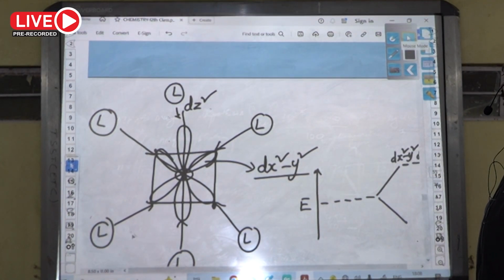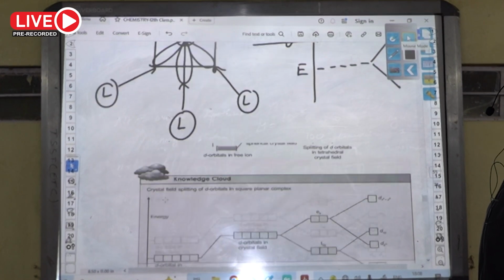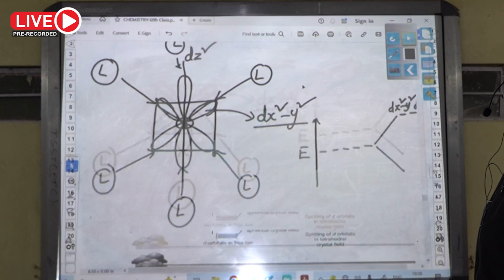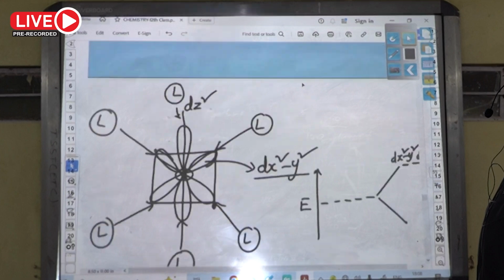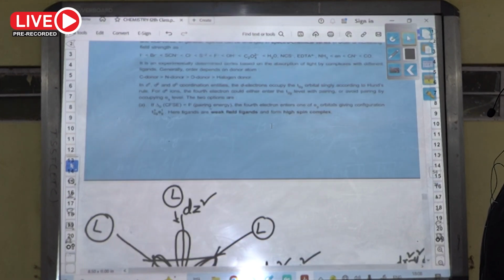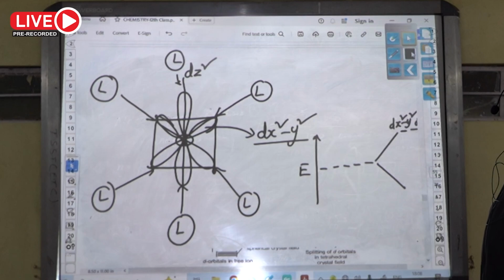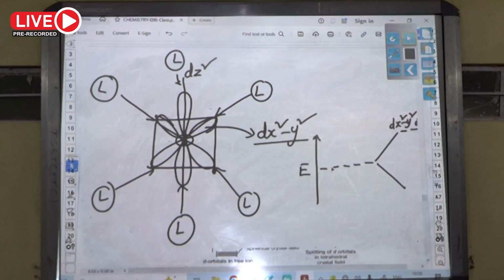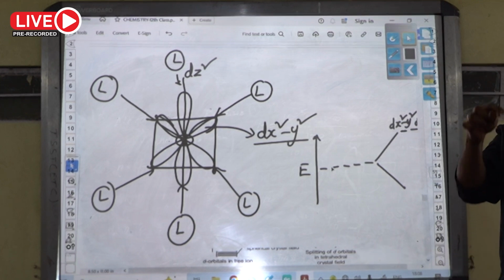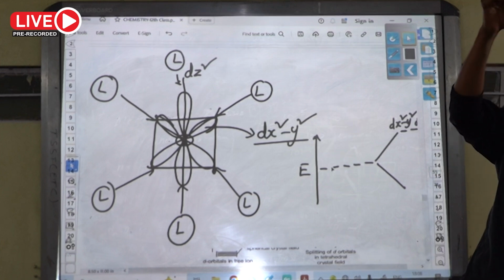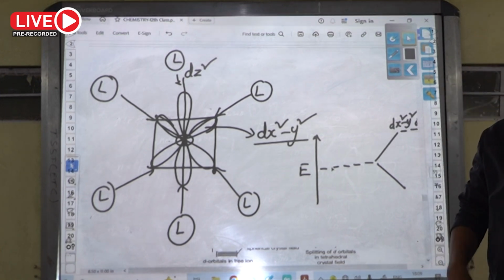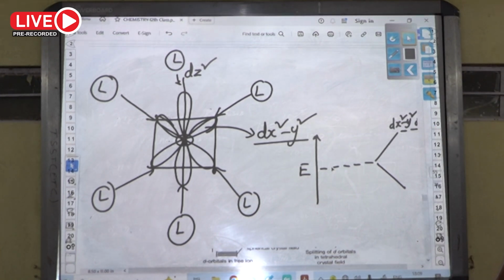Comparatively, when compared to octahedral field, this is octahedral field. Octahedral means a square with 4 corners, 4 ligands, plus the 5th and 6th. Total 6 ligands approach from 6 directions.